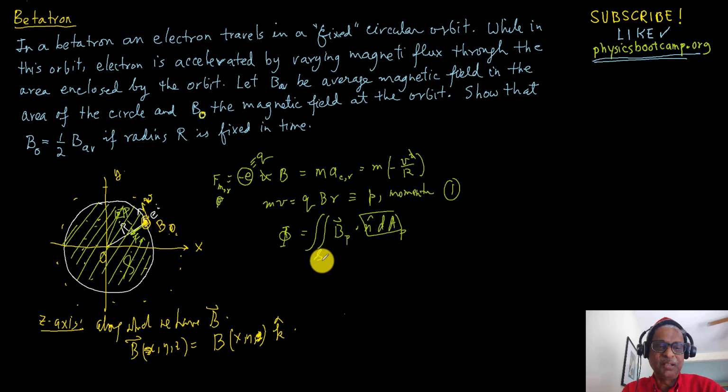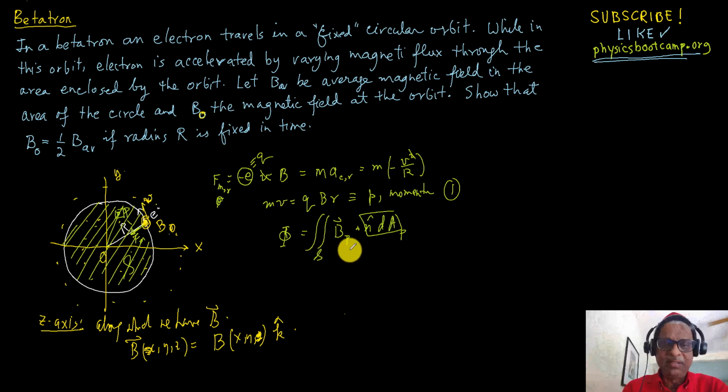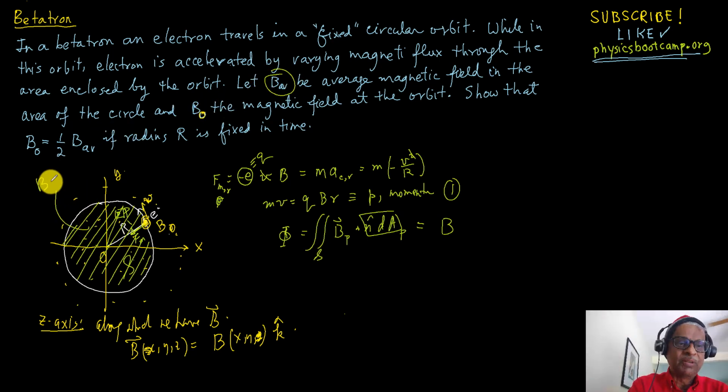S is not changing, but B at P has. If you work this out and divide by the area, I will get an average. So this is kind of B average times pi R square.